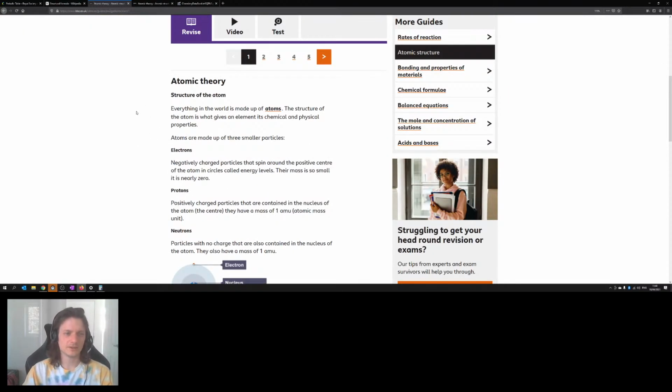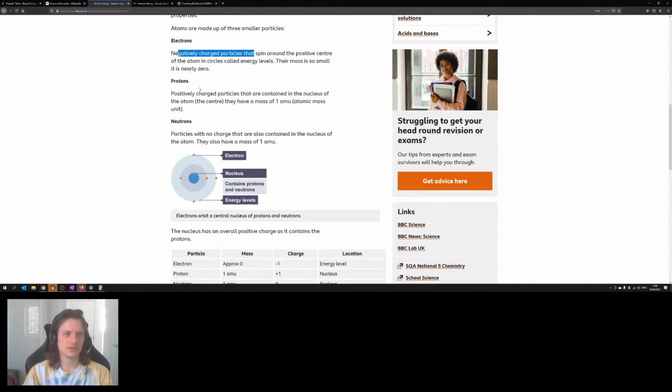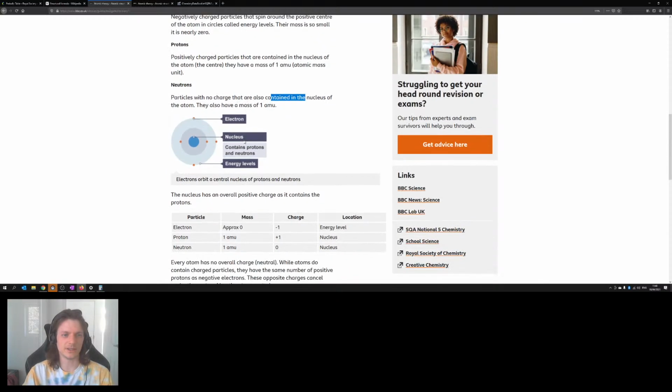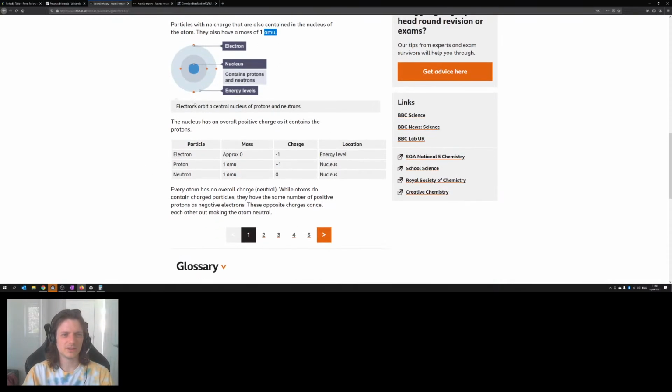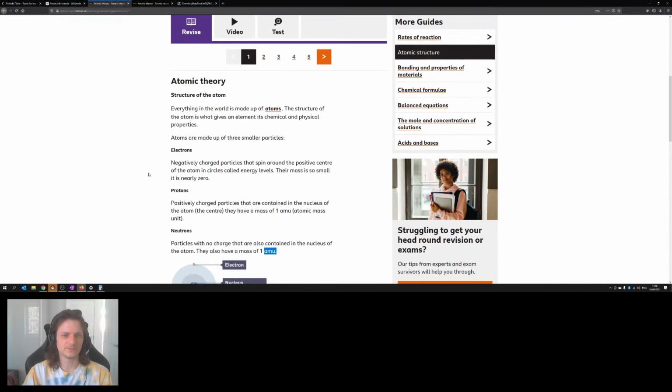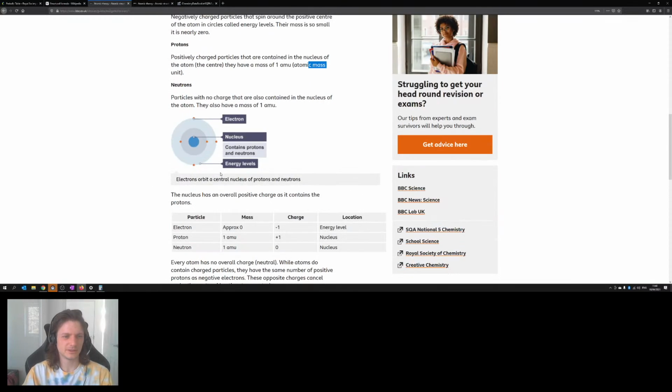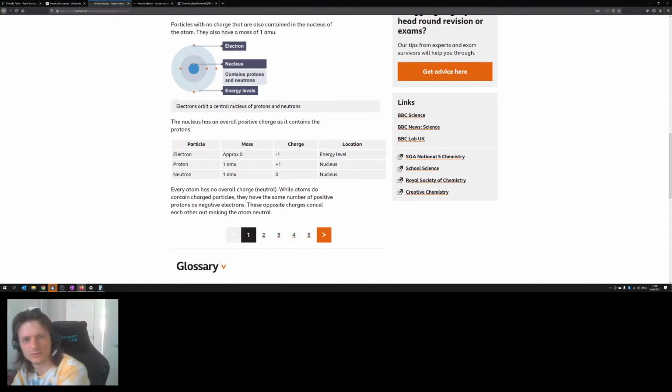Everything in the world is made of atoms: negatively charged particles, positively charged particles, and particles with no charge, also contained in the nucleus of the atom. They also have a mass of 1. Atomic mass unit? I can't remember. AMU. Atomic mass unit, yeah. Electrons orbit a central nucleus of protons and neutrons.